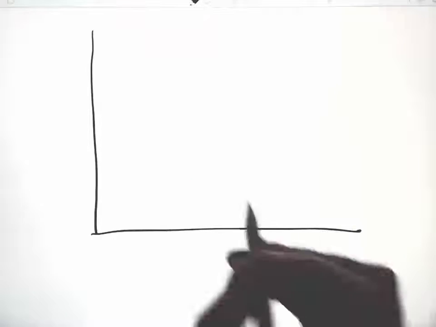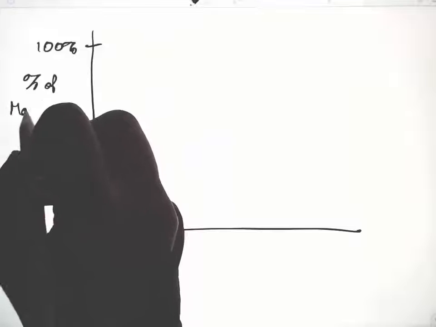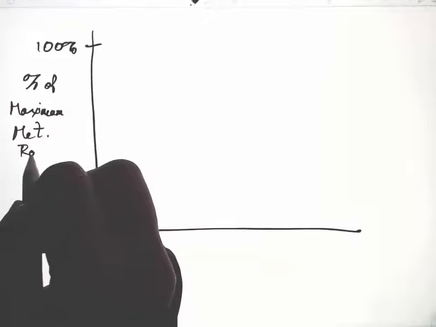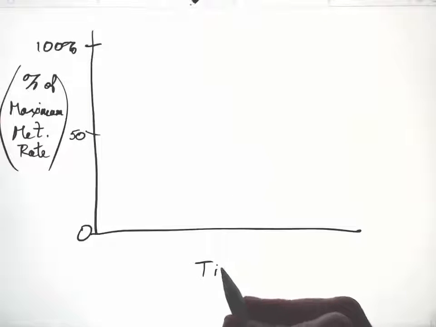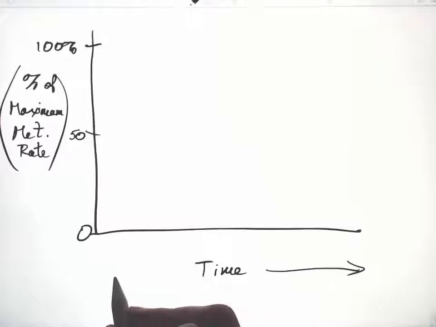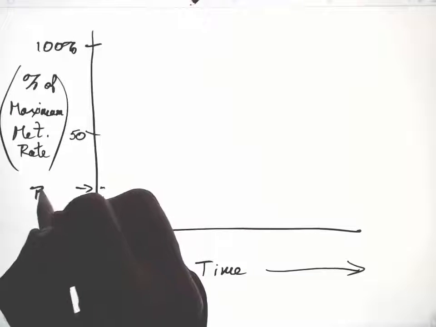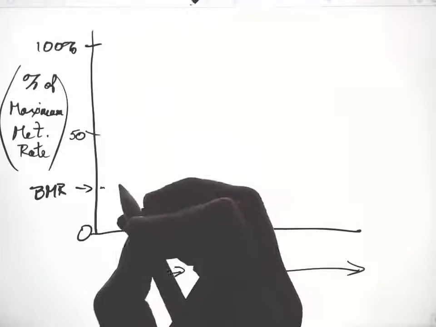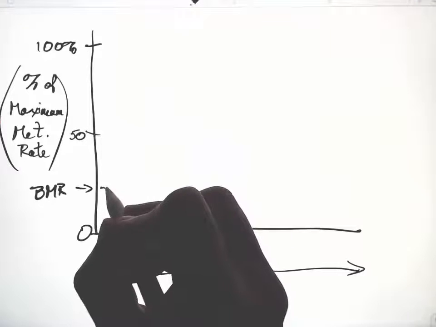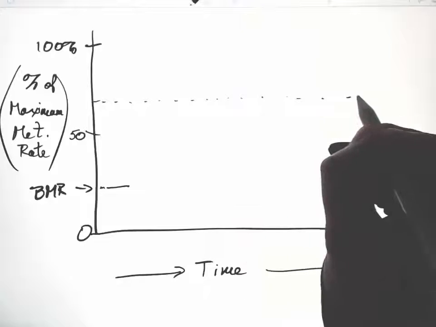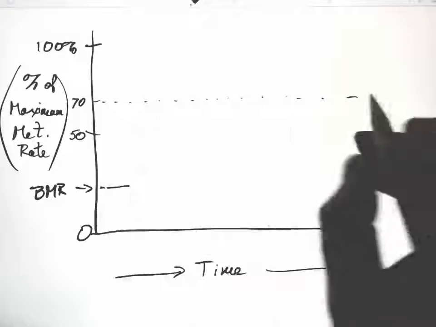So what happens when an animal is exercising hard? This is 100% of maximum metabolic rate, and on the x-axis is time. An animal that is inactive, its basal metabolic rate might be somewhere around 20% or 30% of maximum. And we're going to be concerned with somewhere around 70% for most animals.